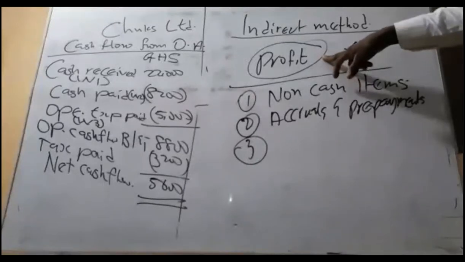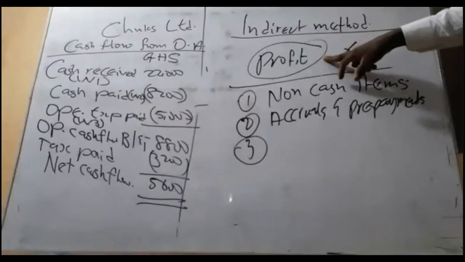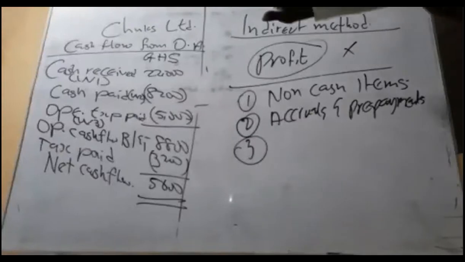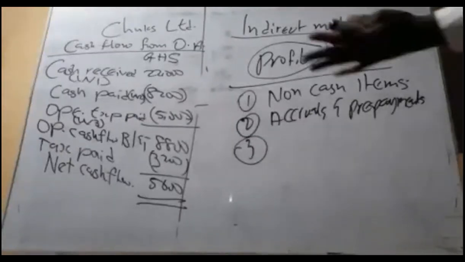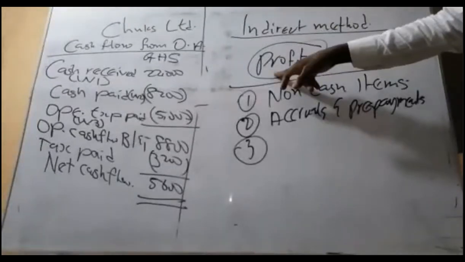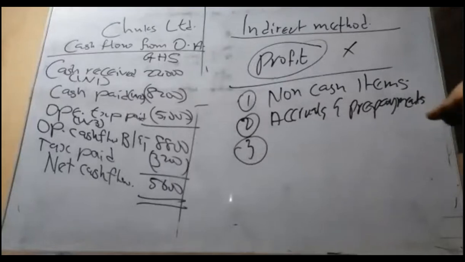That's why the examiner knows that you have prepared the profit or loss already. So other income, all the items that you have added into the other income, are not operating activity. But because in our income statement or comprehensive income, we don't have an operating section, investing section, and financing section, everything goes together. So they are in this profit. So what do we do? We reverse it. Send it where it's supposed to be. We are done. That's all.